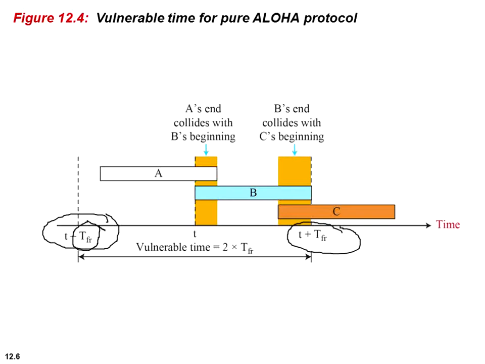Here there is also a collision between frames from station B and station C. So we see that the vulnerable time during which a collision may occur in pure ALOHA is 2 times the frame transmission time. So pure ALOHA vulnerable time is equal to 2 into TFR.